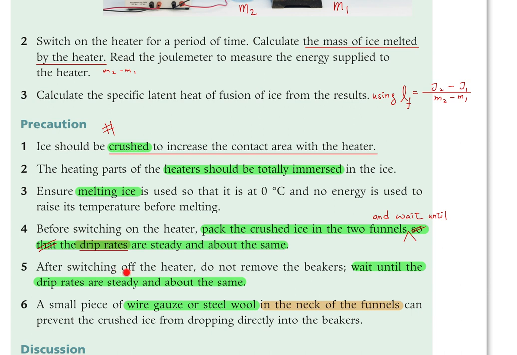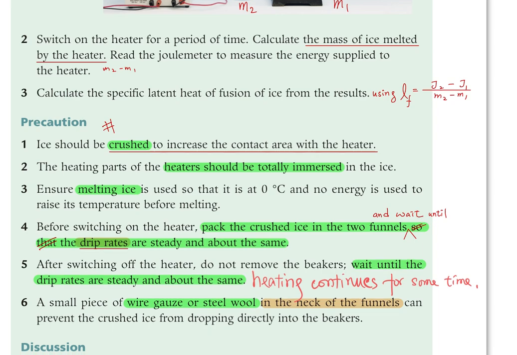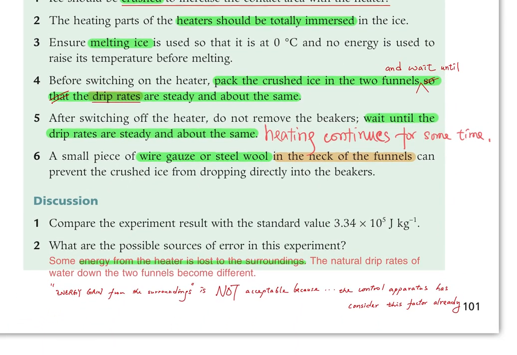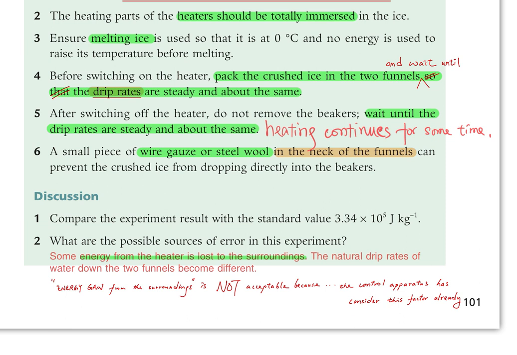When the heater is switched off, we have to wait a short while also because at that time, the heater is still hotter than the ice and the ice is still melted by the heater. Well, as mentioned before, there should be a wire gauze in the neck of the funnels in order not to let the ice drop directly into any beaker.